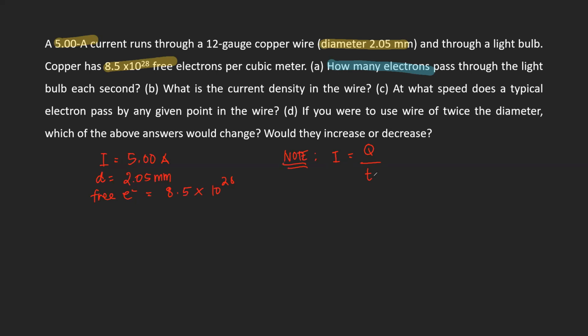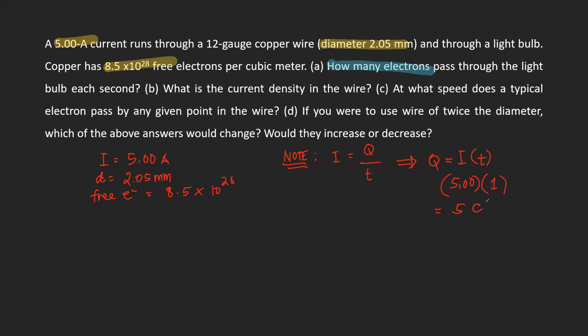And we know our I, but we don't know our Q. So manipulating the equation, we'll be able to get Q is equal to I times your time. And your I is 5 amperes times your time. Let's say 1 second here. That would give us 5 coulombs.